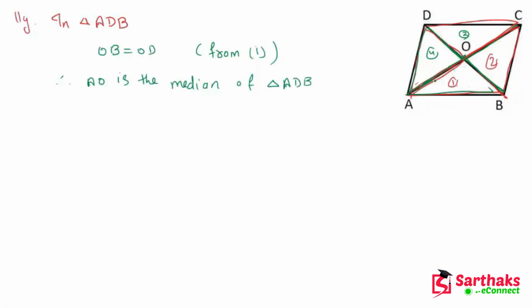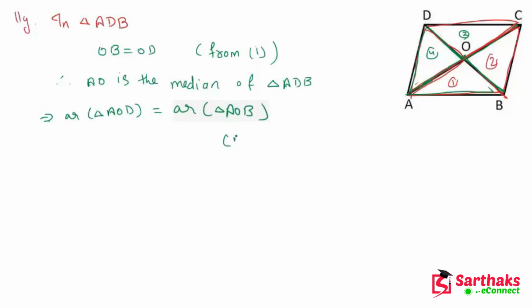So we can say AO is the median, and we know that area of triangle AOD is equal to area of triangle AOB, because this median divides the triangle ADB into two equal areas.